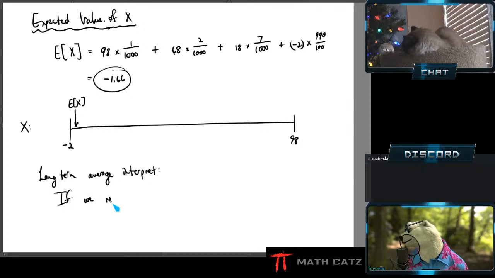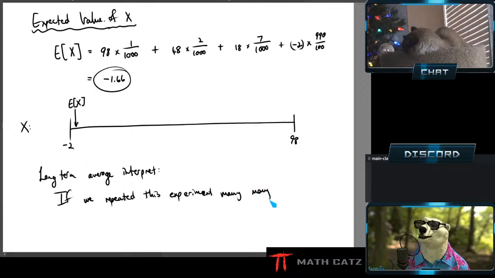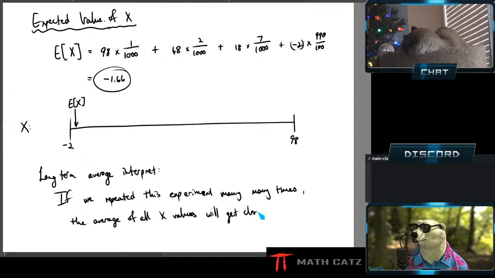If we repeated this experiment, in this case, play the raffle game, many, many times, I'm going to do it in general. The average of all x values, remember that's the outcomes, will get closer to this expected value.